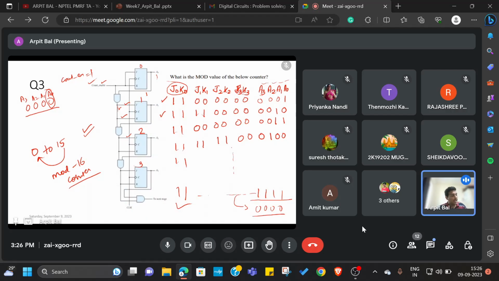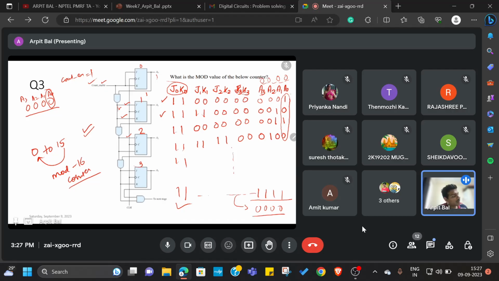Another thing I want you to notice here is that there is something interesting happening. Can anyone observe anything? Let me also write down the initial state. The initial state was like this.